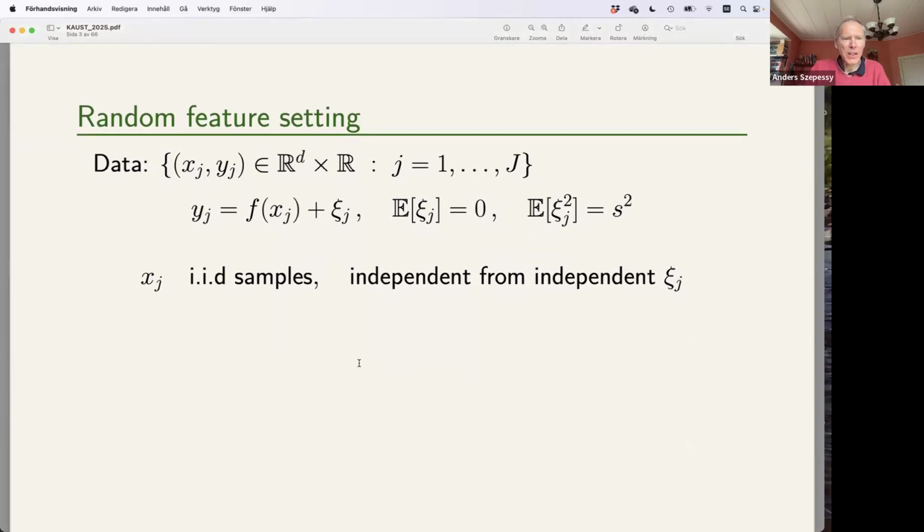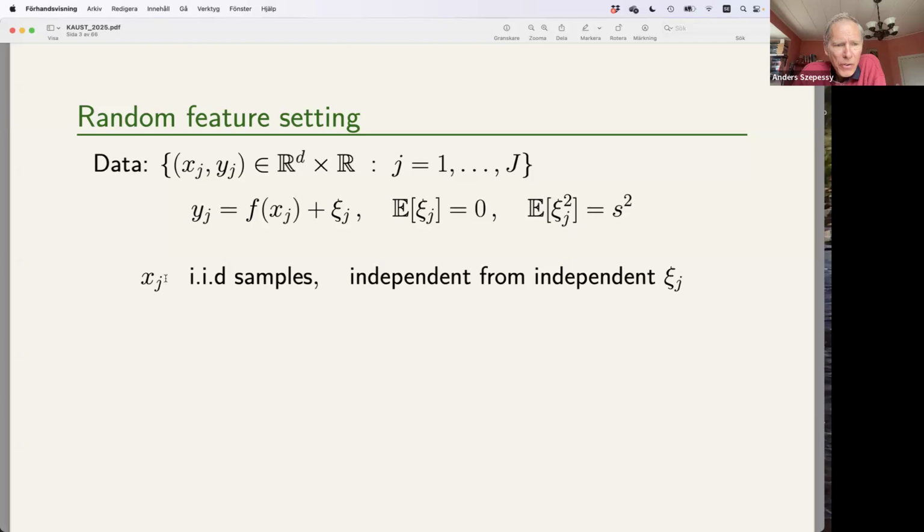What are random features? Suppose you are given data where x is in dimension d and y is in R in dimension 1. And we have capital J of this data, and we assume that the data y is a function of x with some noise here, independent with mean 0, and variance sigma squared.